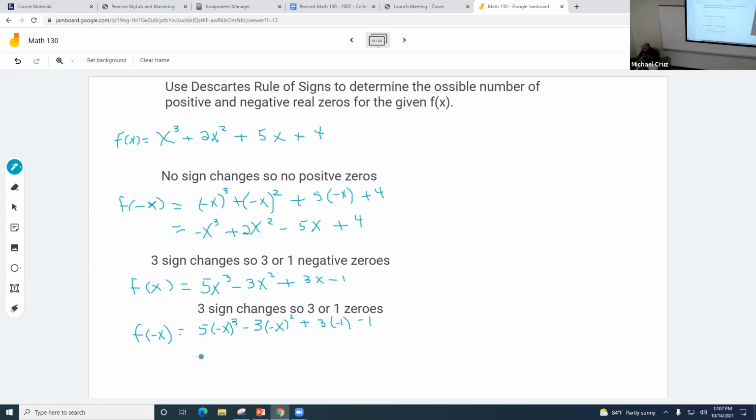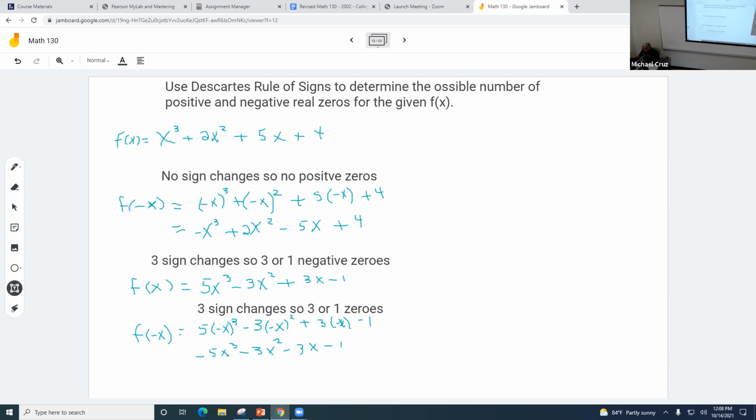So this is going to be negative 5x cubed. And this is going to be negative 3x. That was negative x, so this is going to be negative 3x, like it was, and minus 1.